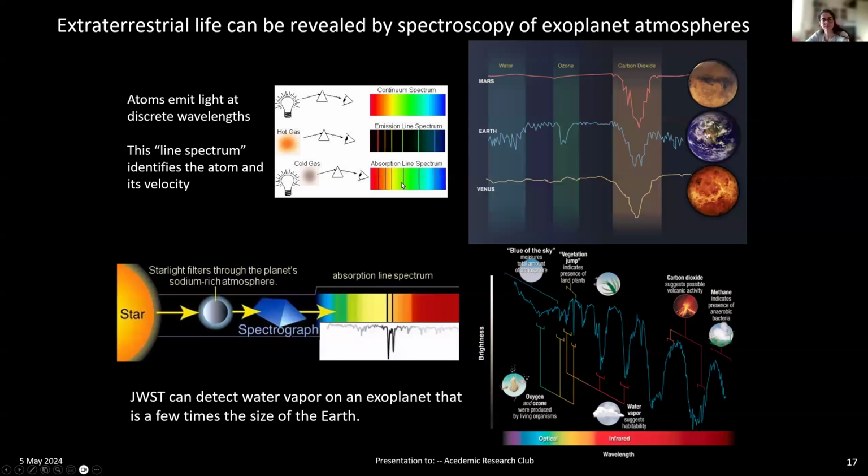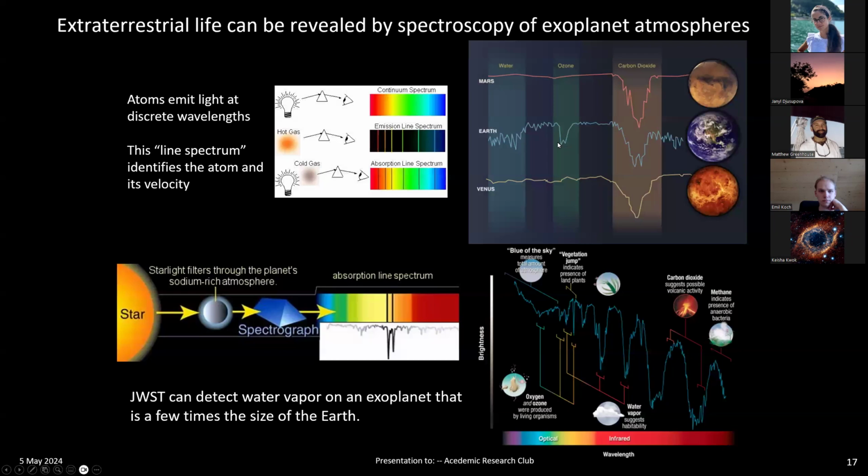Bumps and wiggles are due to atoms and molecules producing all of the bumps and wiggles. So we will be searching for chemistry in these exoplanet atmospheres that is indicative of life.